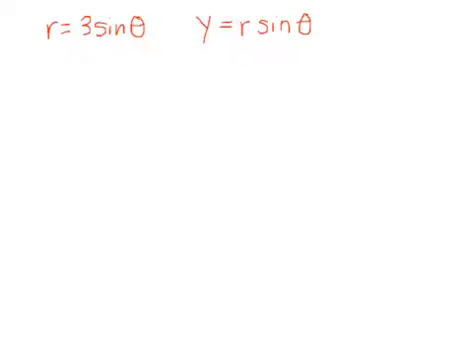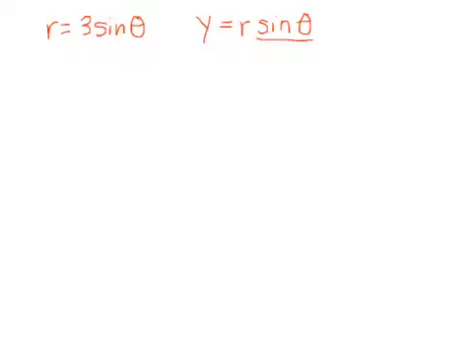So, what we know is that if r equals 3 sine theta and y equals r sine theta, we want to figure out a way to replace the sine theta so it's no longer there in order to turn this into a rectangular equation.